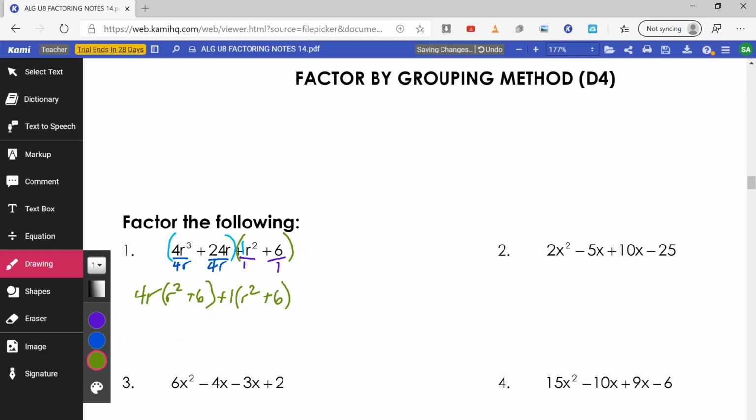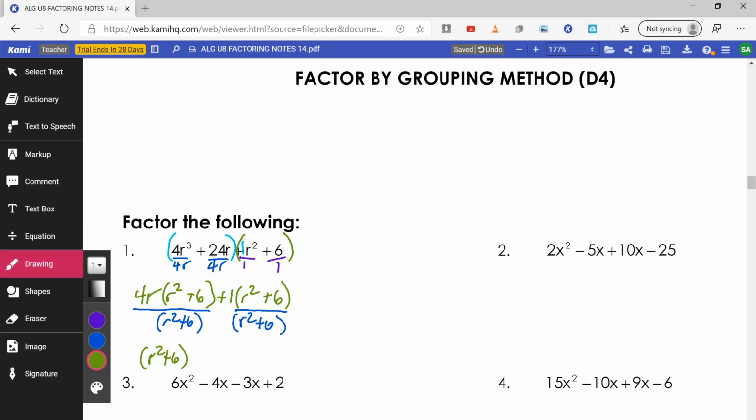Notice now that we have the same thing in parentheses on both sides of that plus sign, which means this r squared plus 6 is actually a common factor between these two terms. So, just like before, whatever we divide off goes in a set of parentheses off to the side, so r squared plus 6.